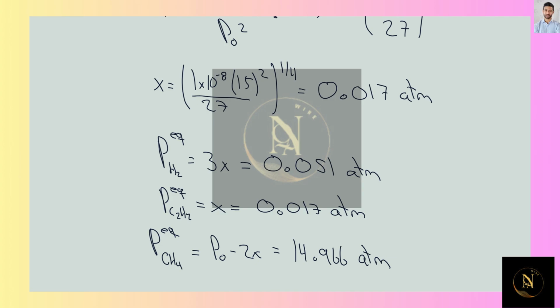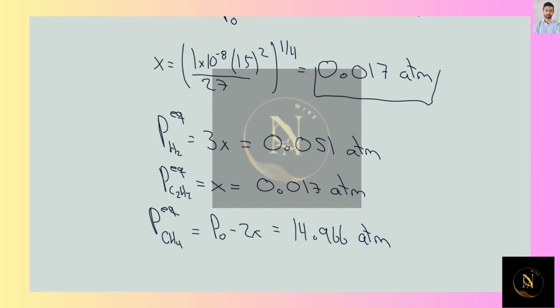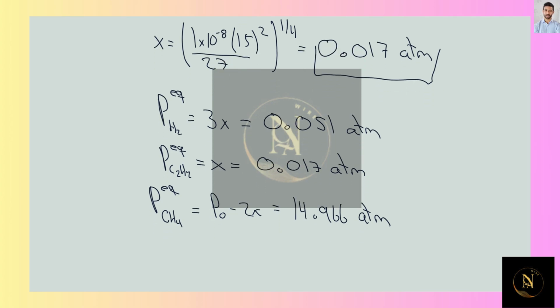As you can see, the value for x that we have found is much smaller than 5% of the initial pressure. That means that the approximation is valid. Essentially, nothing is going to happen. And you can verify that the approximation worked because if you plug these values into Kp, you're going to find that we recovered the 1 times 10 to the minus 8.